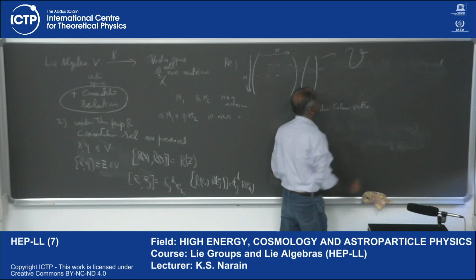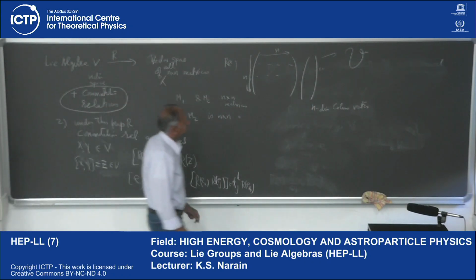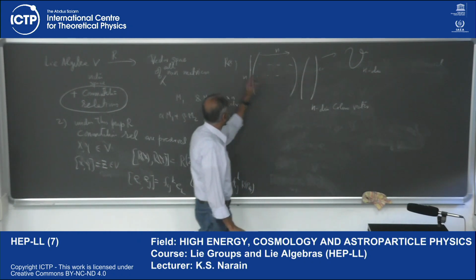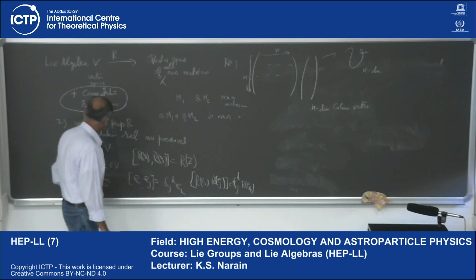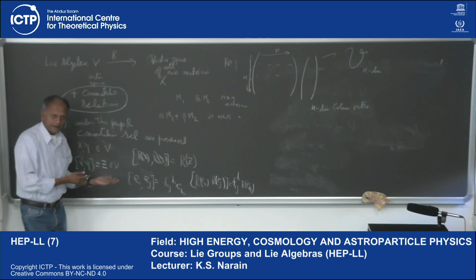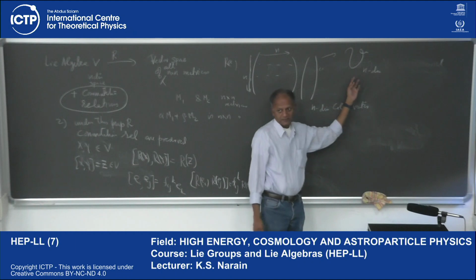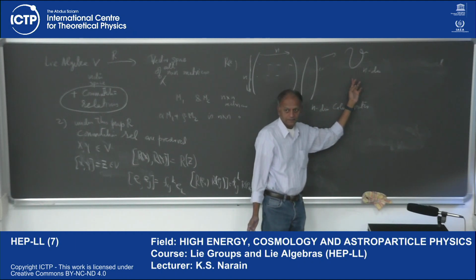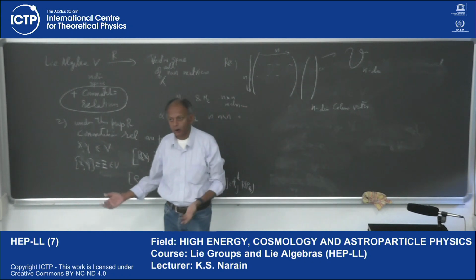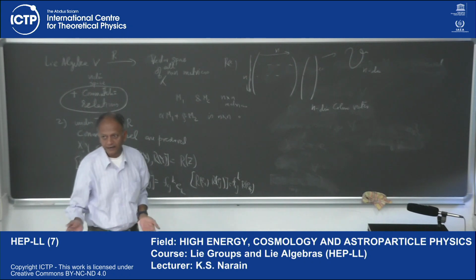Let's say V. This V is the n-dimensional vector space. By the way, so far I have not mentioned anything about the coefficients, whether real or complex. It could be either. If these entries are complex numbers, then it is an n-dimensional complex vector space. If they are real, then it's an n-dimensional real vector space.